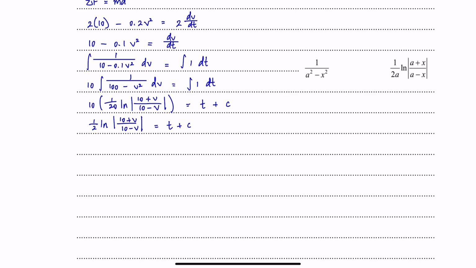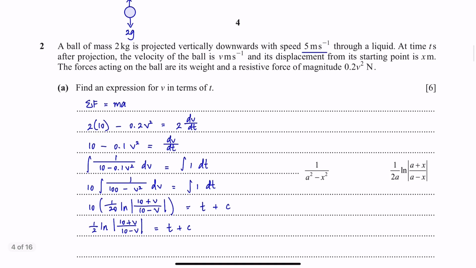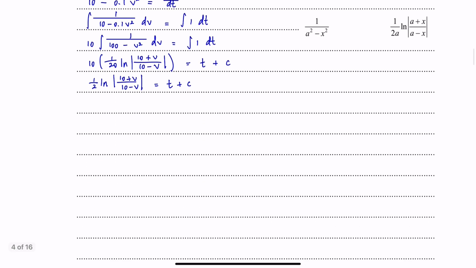Now we need to find the constant c, and we know that the initial speed is 5 meters per second. That means when t is 0, v is 5. So we get half ln of 10 plus 5 over 10 minus 5 equals c. c would be half ln 3.